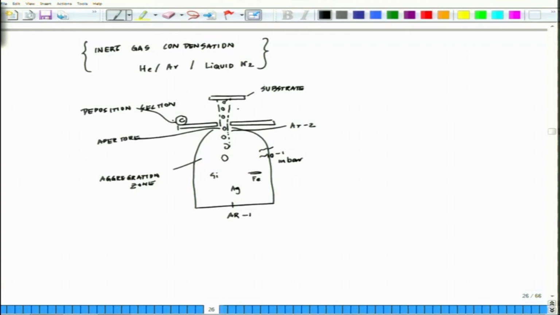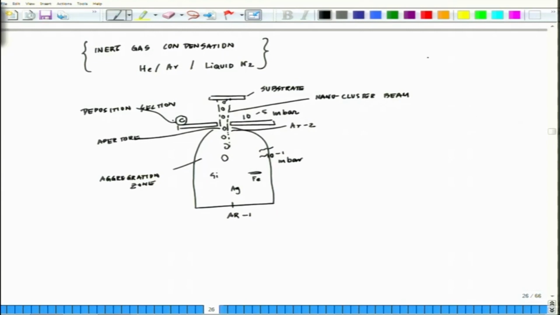So, this is the substrate and this is the nano cluster beam, and out here the pressure changes. If you follow it, pressure is continuously changing, and these kinds of techniques are being used. There are 3 different steps.